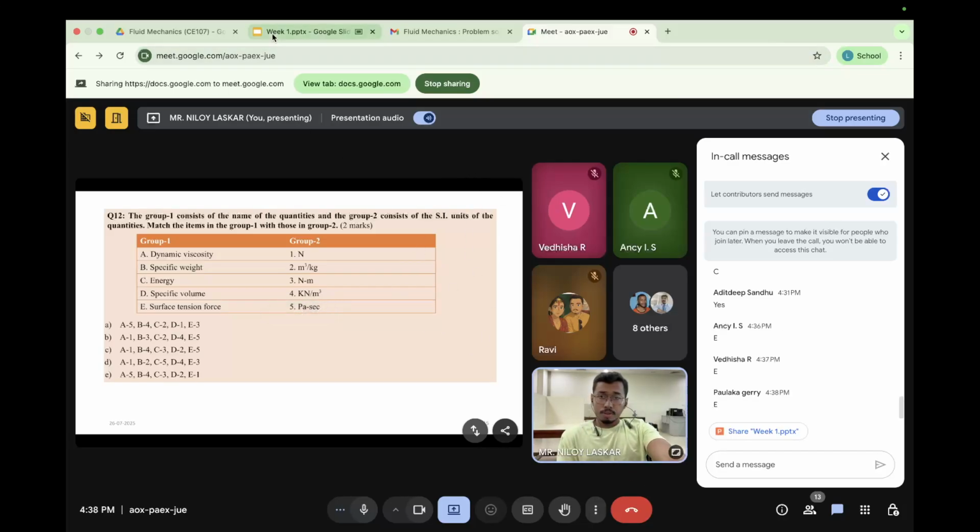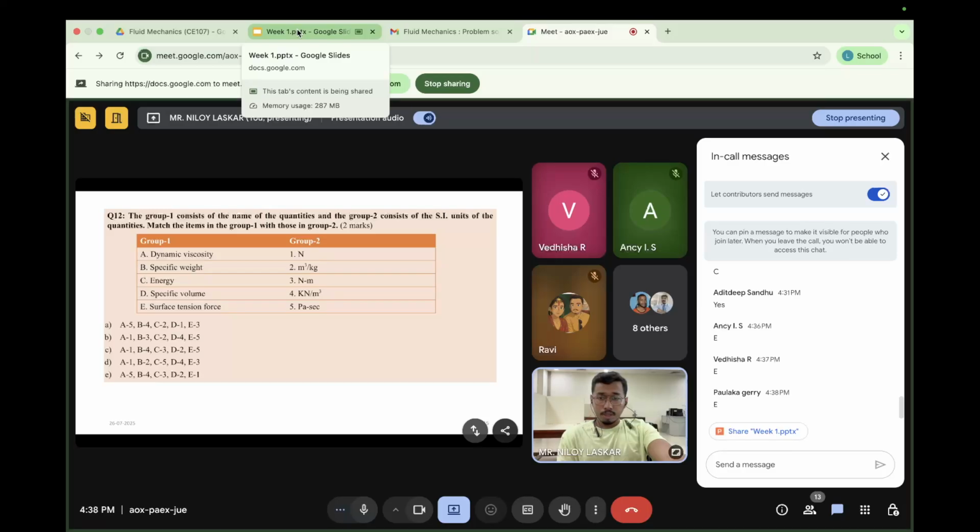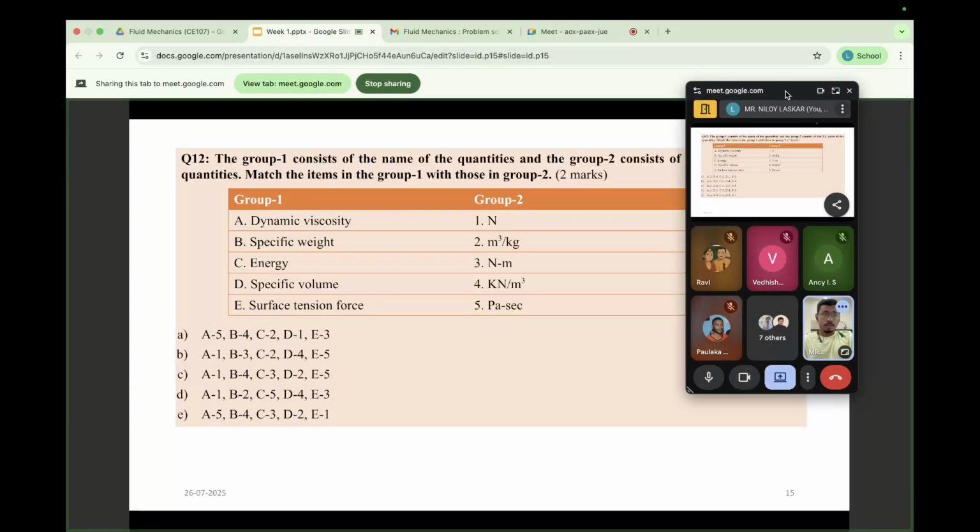So yes, the correct option is option E. So see how this is answered.